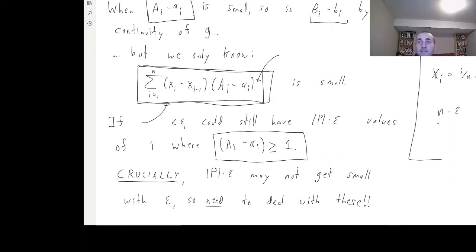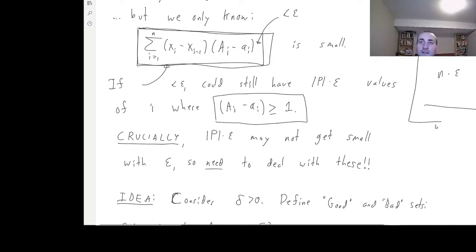Okay? So let's put all of that together again just for a second. Even in this very simple situation, where our partition is a uniform partition of the interval from 0 to 1, it's actually possible for this sum to be small, to be less than epsilon, and yet for there to be a very large number of values of i, in fact n times epsilon of them, for which capital A_i minus lower a_i is bigger than or equal to 1. That is certainly not small.